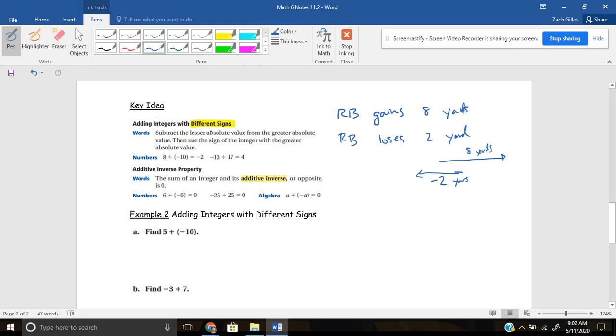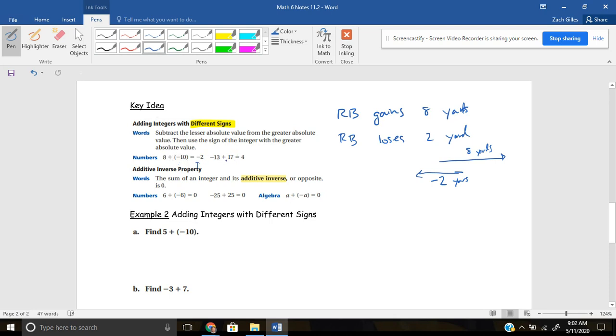Well, subtract the lesser absolute value. 8 has a lesser absolute value than 10, because the absolute value of this is 10. So if you take 10 minus 8, you'd arrive at 2. And use the sign of the integer with the greater absolute value, which was this one. So we're going to use the negative sign: negative 2.